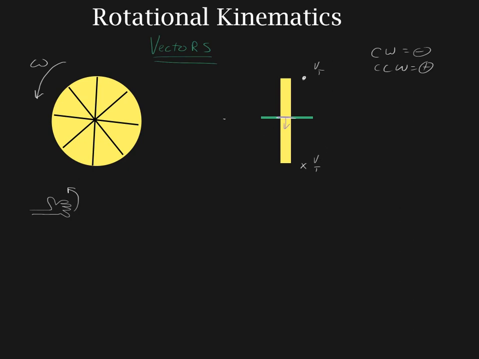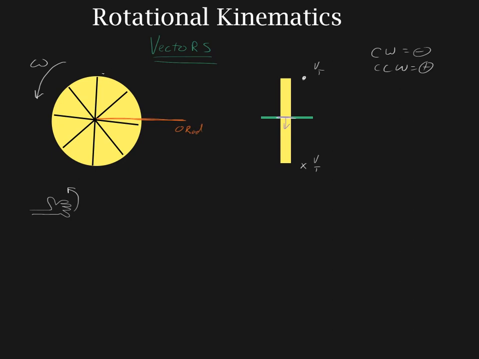And the answer is you don't. So we turn to these straight line vectors. In other words, the vector is parallel to the axle or parallel to the axis of rotation. The reference line for the wheel is right here. So we'll make this the reference line. So this is 0 radians as our starting point.